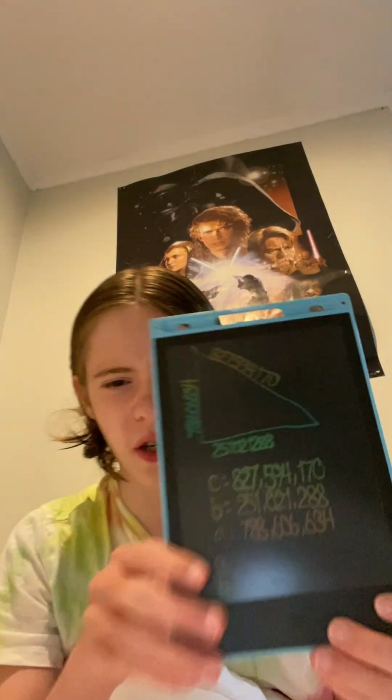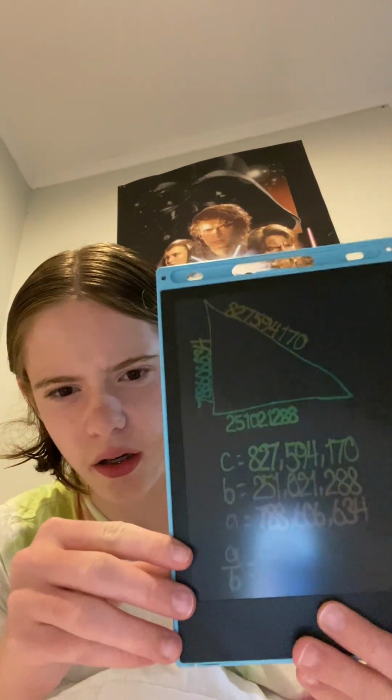And a squared will be 621 quadrillion, 900 trillion, 423 billion, 188 million, 809,956. What you do after that is you take the square root of each of these terms, and I already did it.